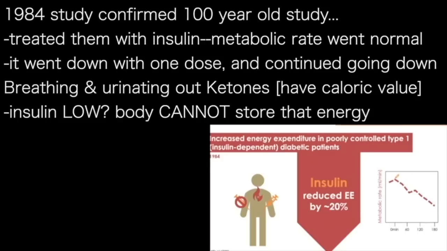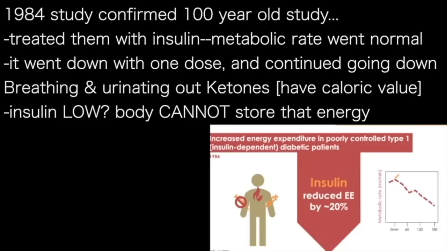Now, all of this, even as much as I'm talking about the energy wasting of metabolic rate, what I didn't even work into this lecture for the sake of time, although now I'm taking time talking about it, is the production and the breathing out or the urinating out of ketones. Remember, ketones have a caloric value roughly similar to glucose. And now all of a sudden, in ways that we cannot capture fully, we're breathing out ketones, we're urinating out ketones.